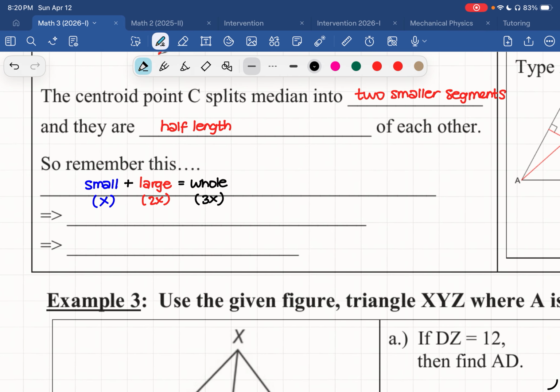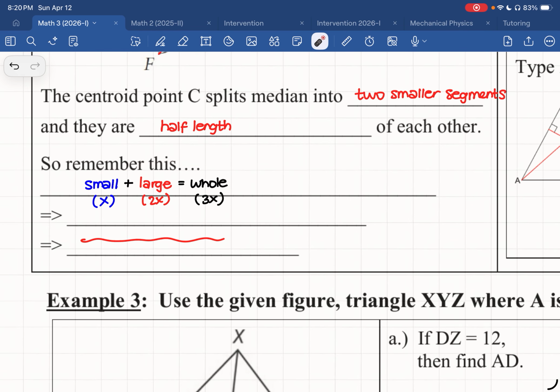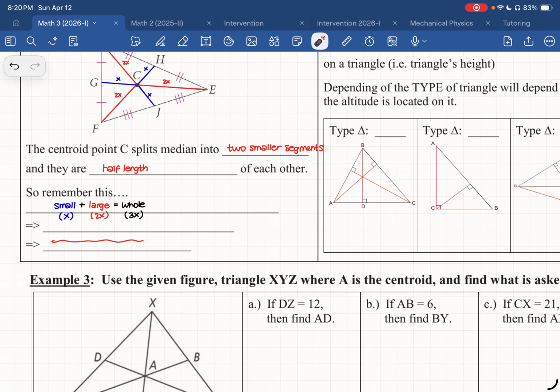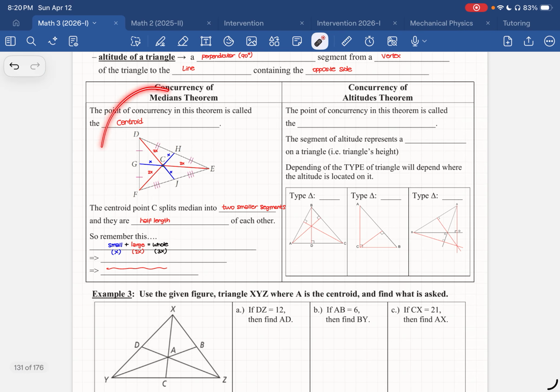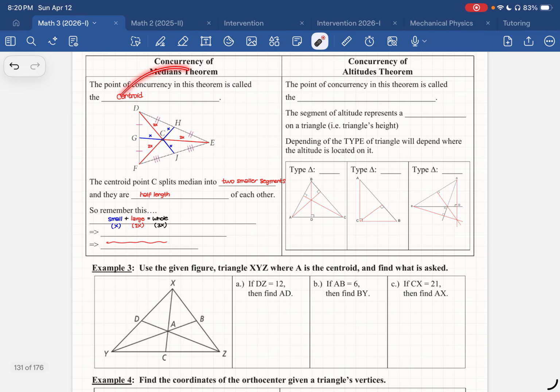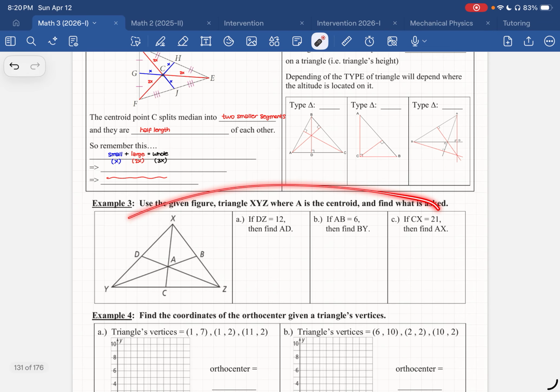So if you know that, that's more than enough. We don't need to do anything else here, because if you know this proportion, you're gonna be able to solve everything, okay?